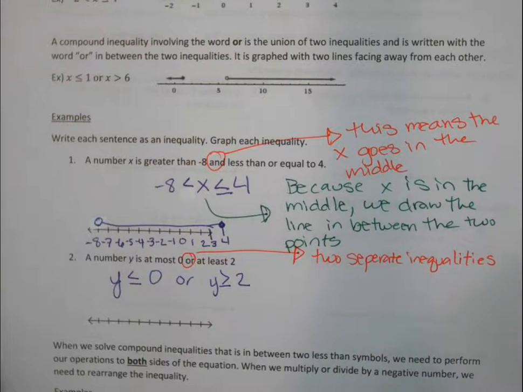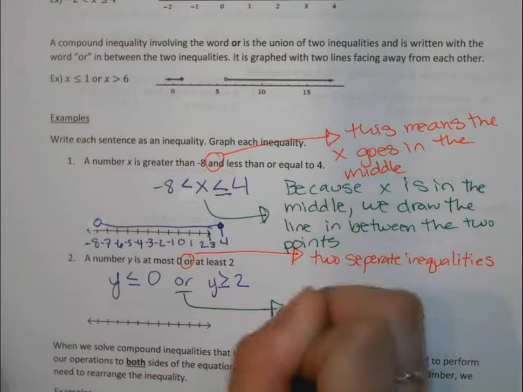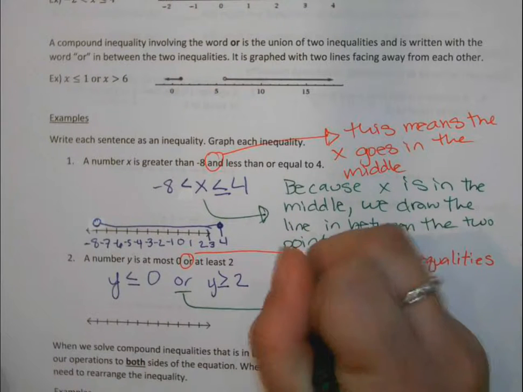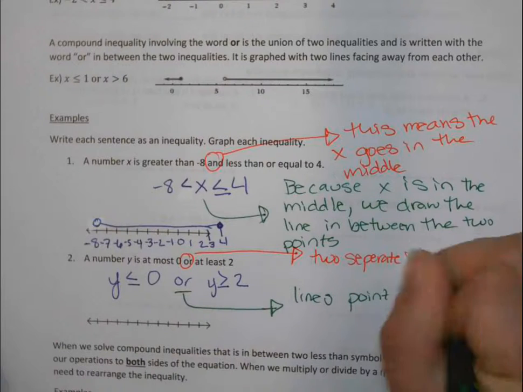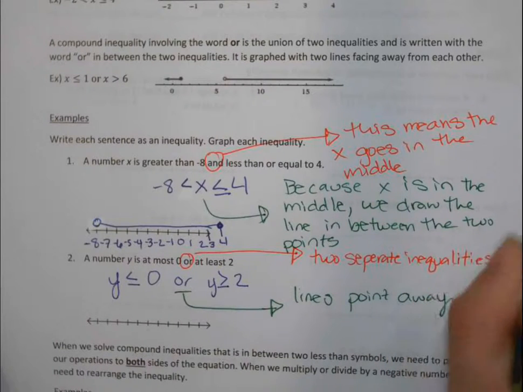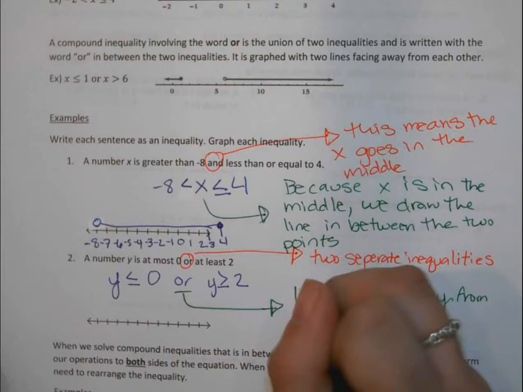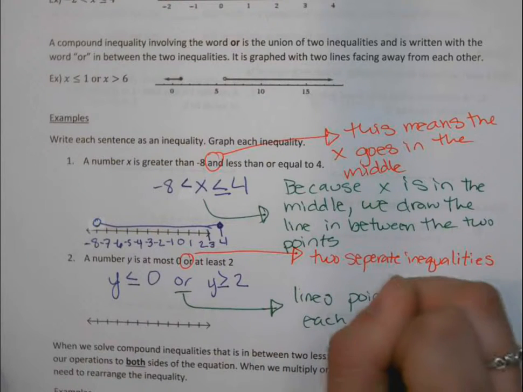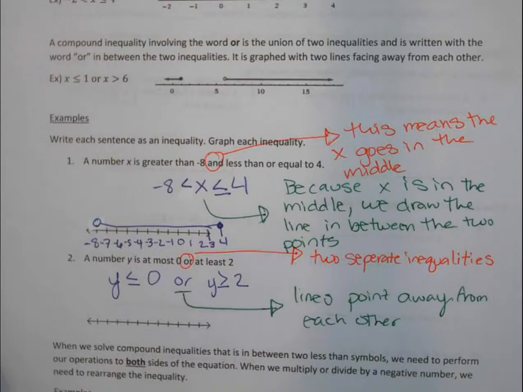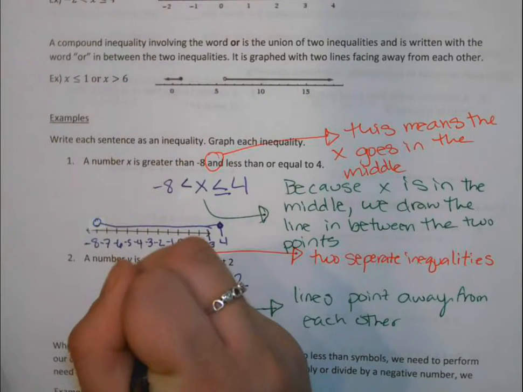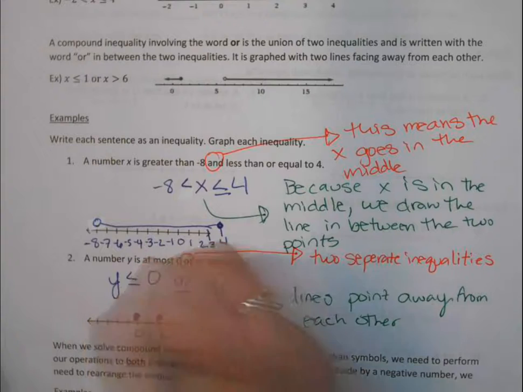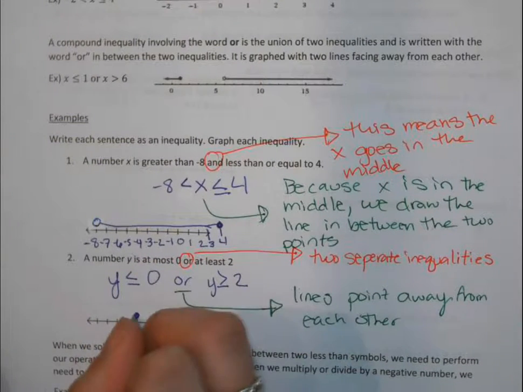Because it says or, this means the lines point away from each other. They both get solid circles because they're both equal to, and then I make them equal.